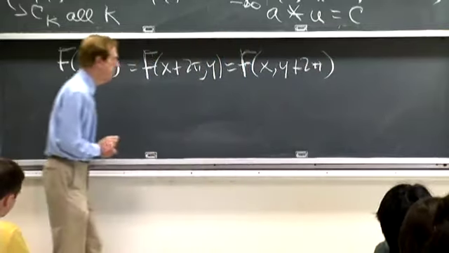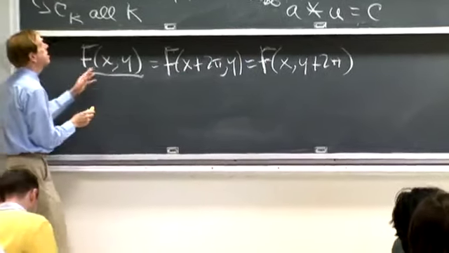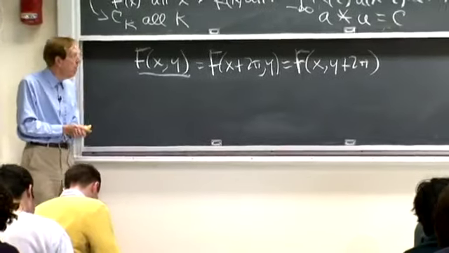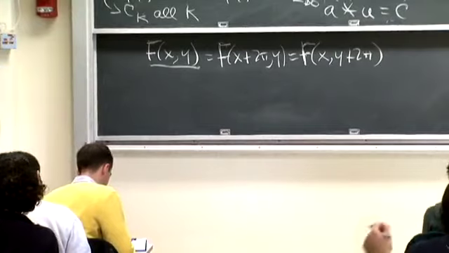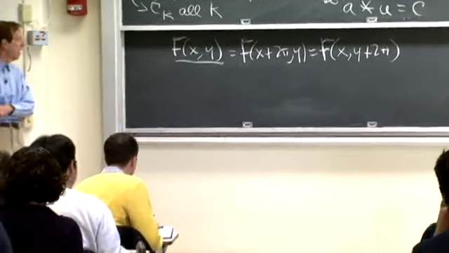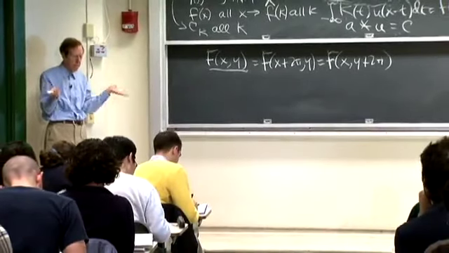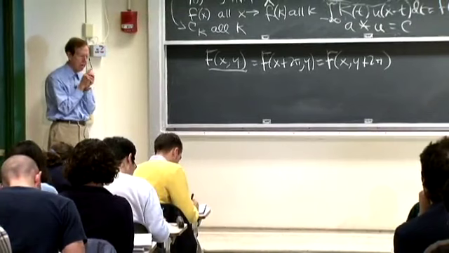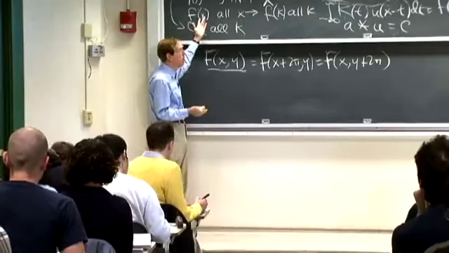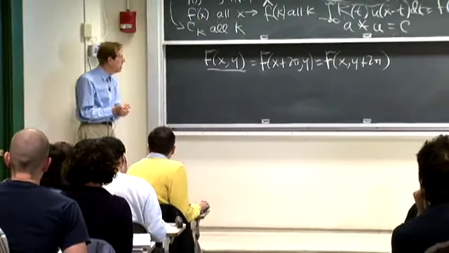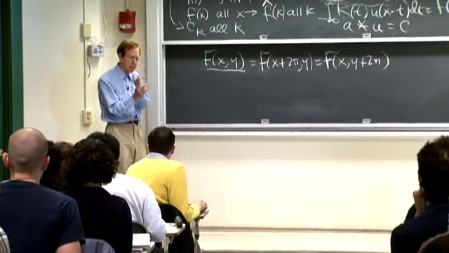So I have a function. This is given. It's in 2D now, and I want to write its Fourier series. So I'm just asking the question: what does the Fourier series look like for a function of 2 variables? The point is it's going to be a nice answer. Everything you know how to do in 1D, you can do in 2D. So let me write the complex form, the e to the i k stuff.